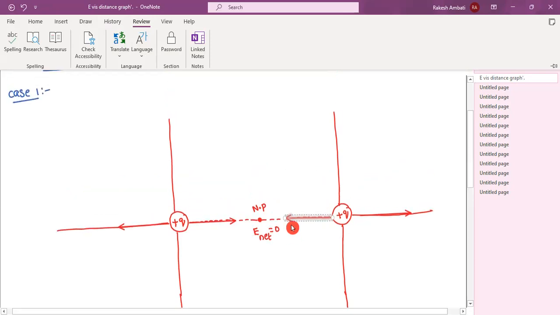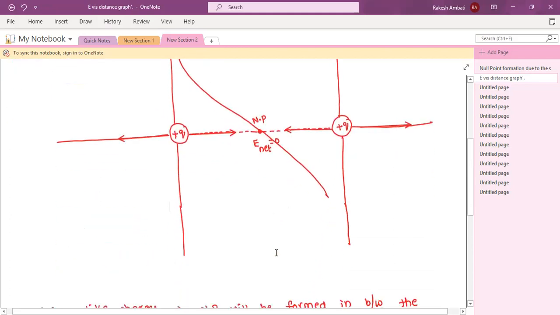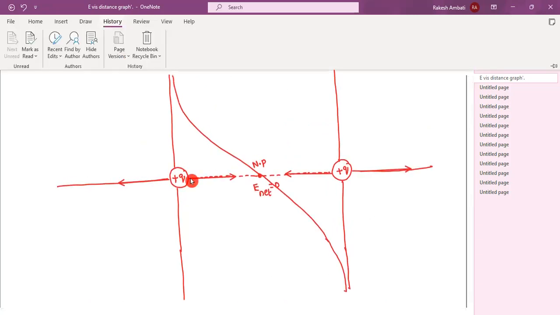So if we follow these points, the graph will be like this. If intensity is in the positive direction, the graph is on the positive side. If intensity is in the negative direction, the graph is on the negative side.